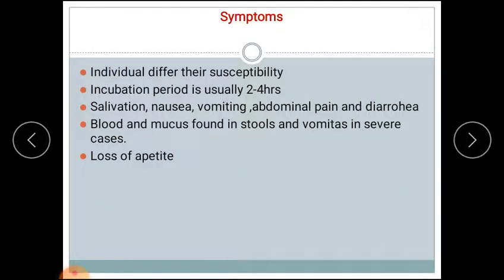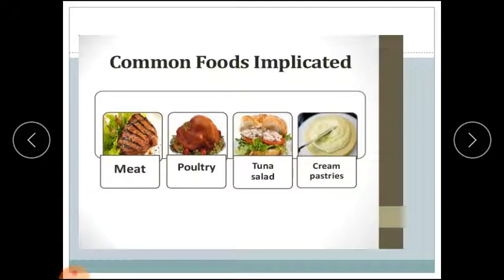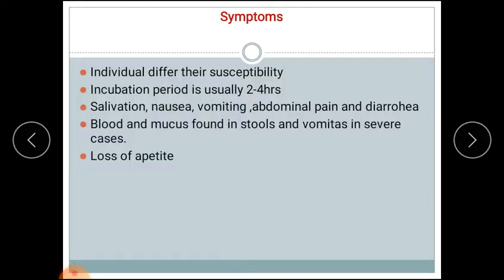Next is, if a person eats such types of food and if such food contains enterotoxin, then the symptoms from which you can identify that the person is suffering from food poisoning are as follows. Individuals differ in their susceptibility, means person wise the susceptibility towards the disease varies.